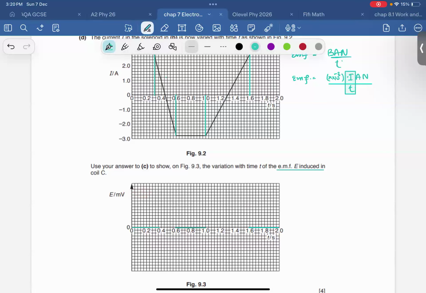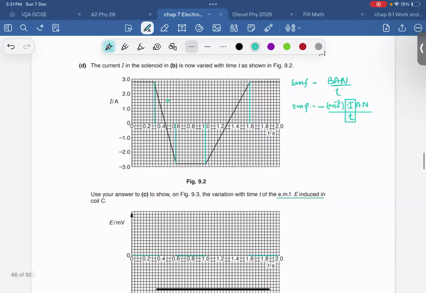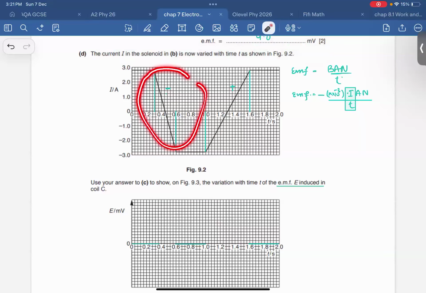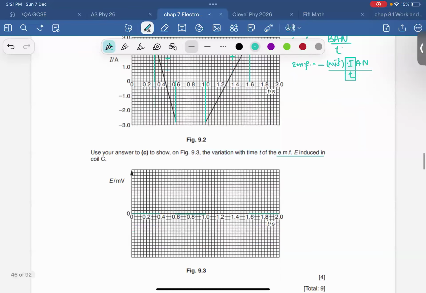But you have to show that this is the positive gradient, and due to Lenz's law, the EMF induced would be in the negative direction. Sorry, this is a negative gradient, and this is a positive gradient. So the negative change brings the positive induced EMF, and the positive change brings the negative induced EMF according to Lenz's law. It will be like this.